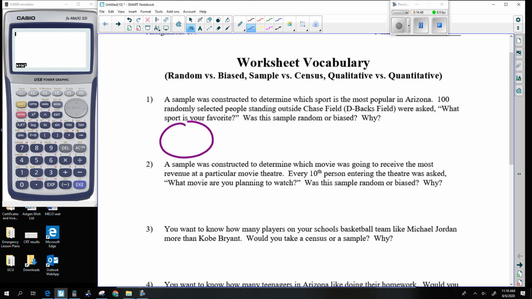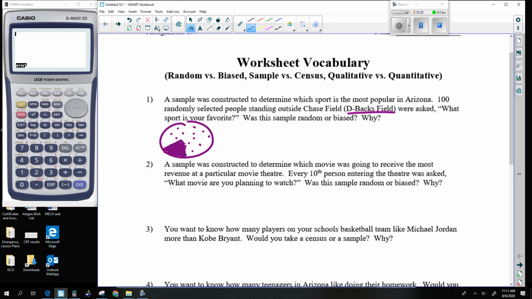Okay, now did I ask Arizona people in that sort of fashion? Or did I ask in a biased fashion? And the answer is bias, because I only got the people standing outside of Chase Field. What is their answer going to be? What sport is their favorite? If you're standing outside the Diamondbacks field, they're probably going to say baseball.